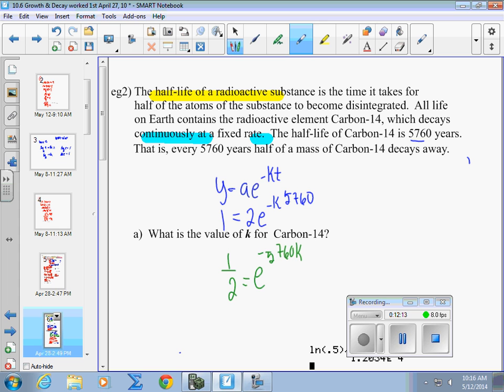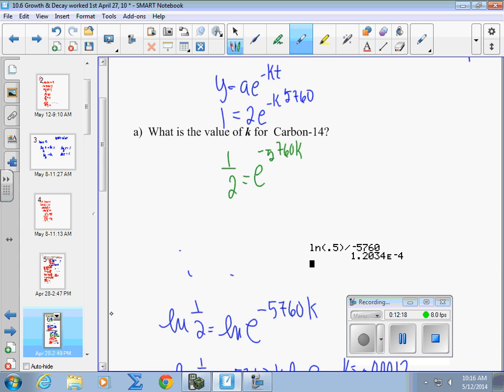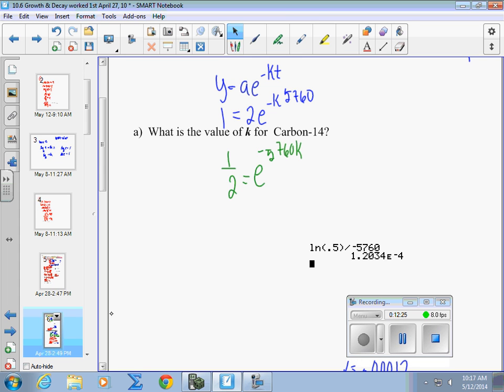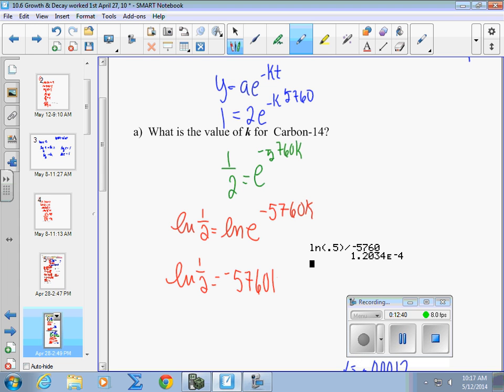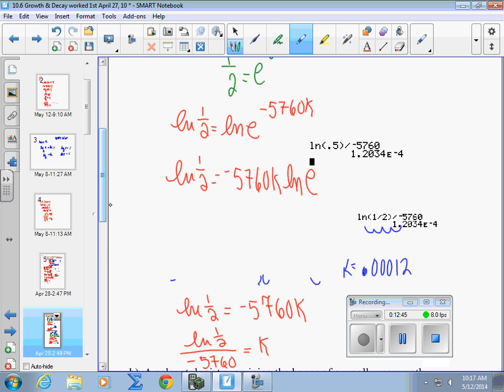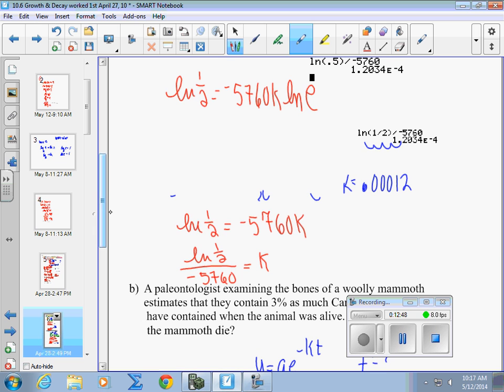Because there's an e in this formula, we have to use LN. So I have Ln of 1 half is equal to Ln of e raised to the negative 5760 K. If I move negative 5760 K to the front of the logarithm, I have this. So what is Ln of e equal to? It is equal to 1.